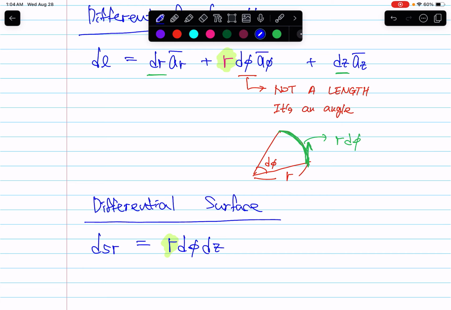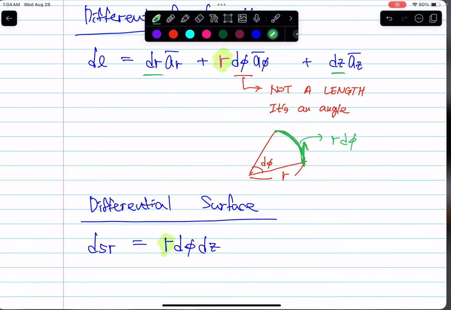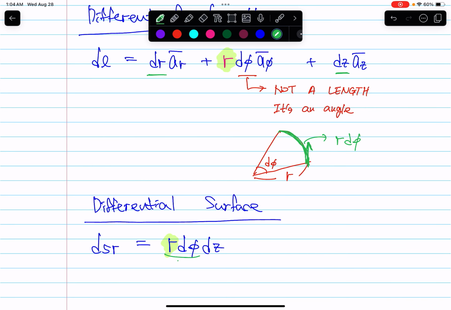So now you can see that this is a length and a length becomes a surface, right? Length multiplied by length.